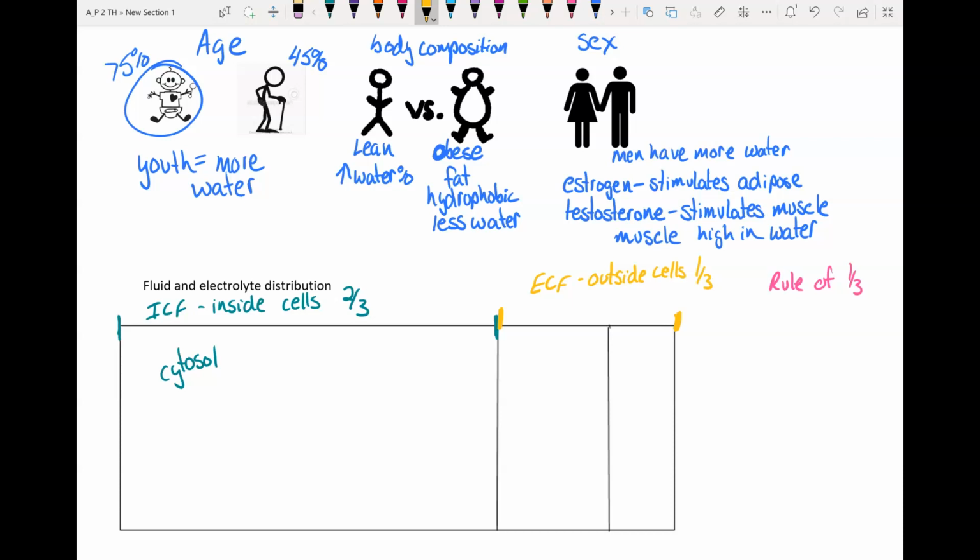Then this can be divided into two more groups. So ECF is divided up into two more groups. You have interstitial fluid. This is all the fluid that's just between your cells. And you have your blood.